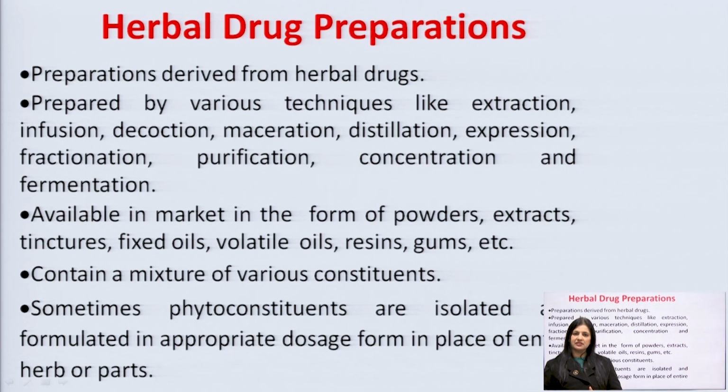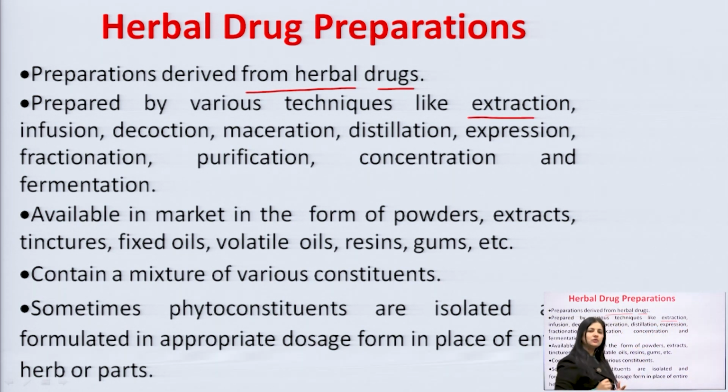Herbal drug preparation. Now these terms are quite overlapping, there is just a slight difference between them. Herbal drug preparations are again the one which is obtained from the herbal drug only. They again are under processing which has been done. They are prepared by the various techniques such as extraction.